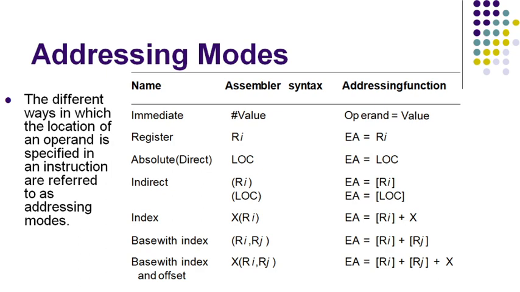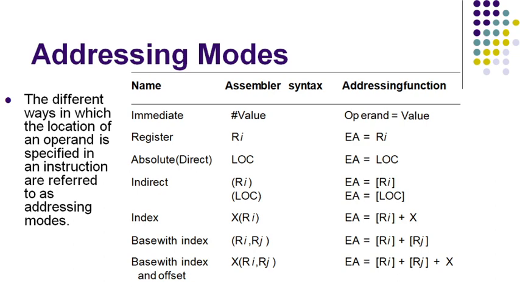Next, in register mode, only the register value will be given, that is Ri. Effective address will be the contents of this register, or the register value itself. Next we have absolute or direct. In this, a memory location will be given, and the effective address will be the address of this memory location. Coming to indirect, here we have two cases. One is with the register, the other is with the memory location.